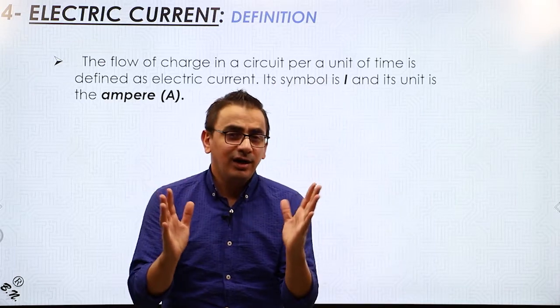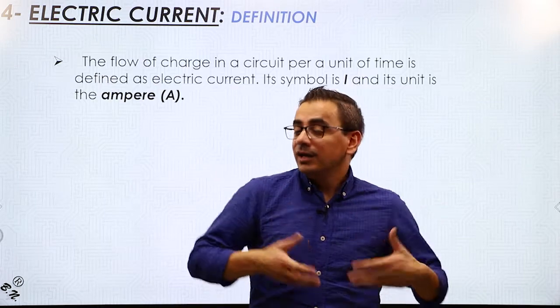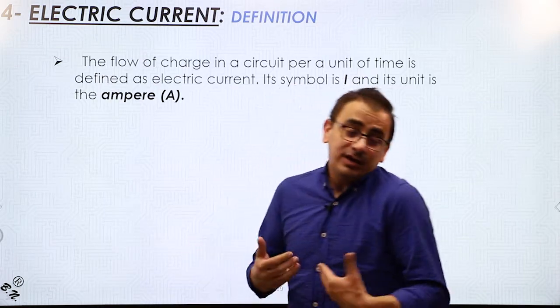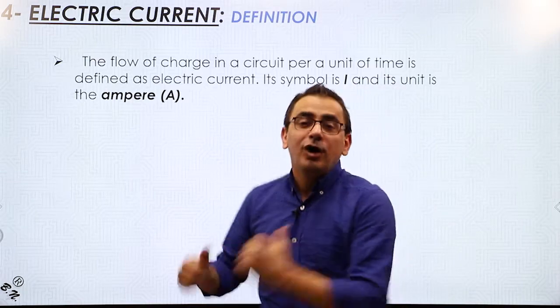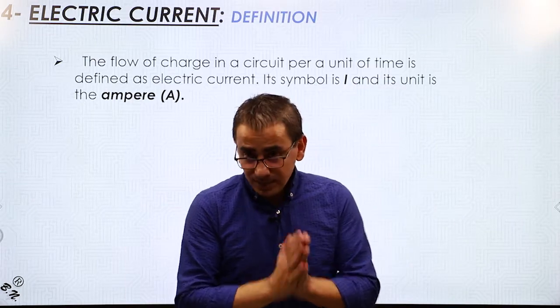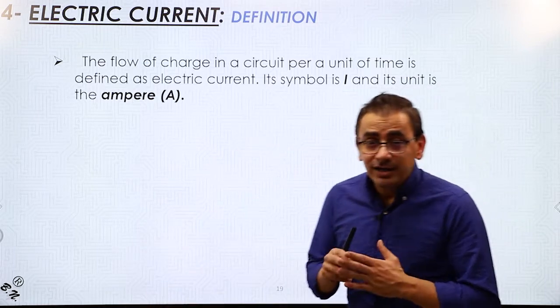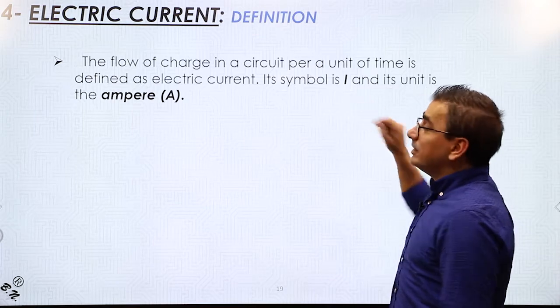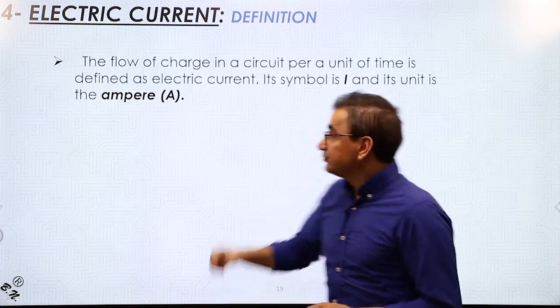It's not that hard. We always consider the flow of the positive charge as the current. If the flow is that of negative charge, we take the direction of flow opposite to them. The symbol of electric current is the letter I, and its unit is the ampere, symbolized by capital A.